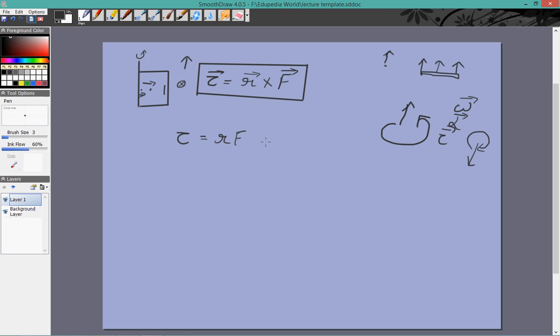Actually, the torque is a specific example of a very general concept which I want to discuss now, that is called the moment of a vector, because we'll see this again and again. Moment of a vector. The moment of a vector is always taken about a point.